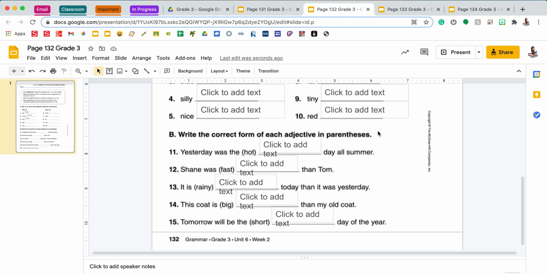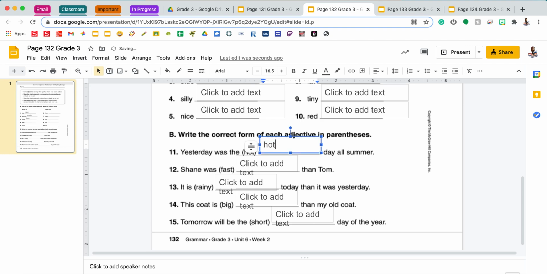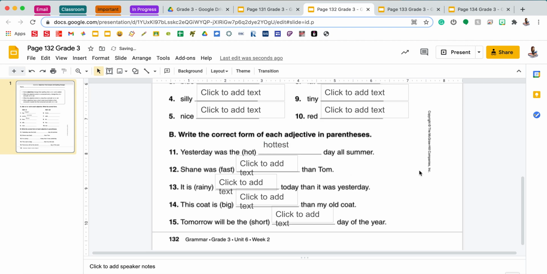So since hot ends in a vowel and then a consonant, a short vowel, the O, the aw sound, I need to double that T when I add EST. Yesterday was the hottest day all summer. You will finish part B with the same directions.